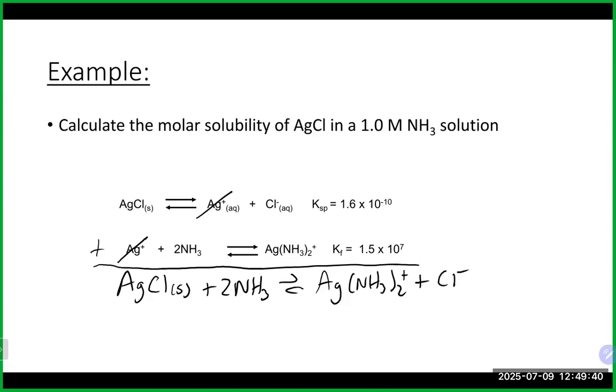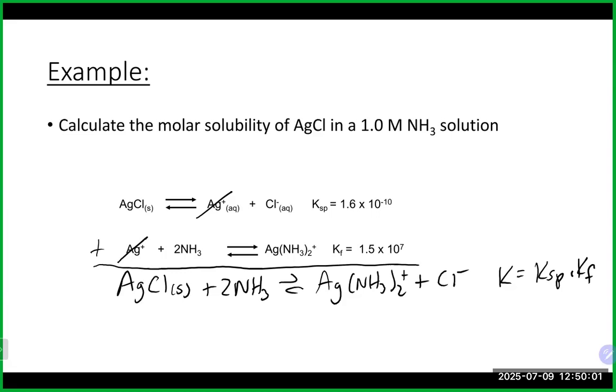and chloride. Now, if I want a K value for this, I again would, in this case, multiply the KSP times the KF. By the way, it doesn't matter that one's an SP and one's an F. They're all still equilibrium constant values. It's basically the same idea as when you take Ka times Kb, it gives you Kw.